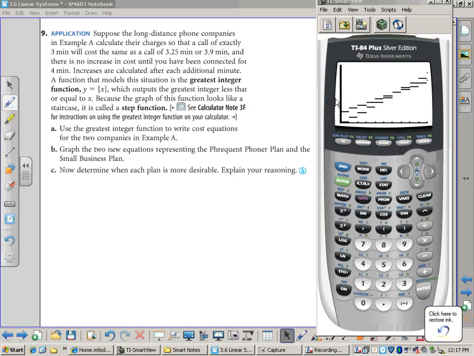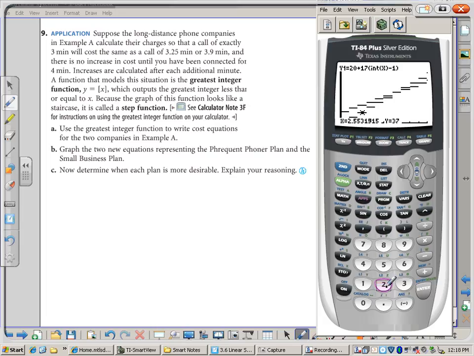What we want to see here is we want to now trace on the calculator. And you notice that no matter what the input is, I'm tracing on this bottom set of stairs. This is the plan that costs 20 cents at the beginning and then 17 cents for each additional minute. I'm in trace mode and I'm going to press 2.